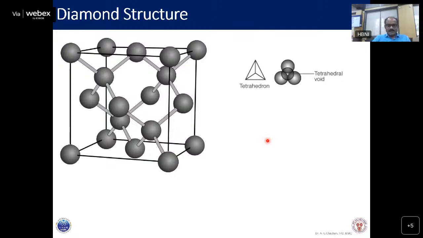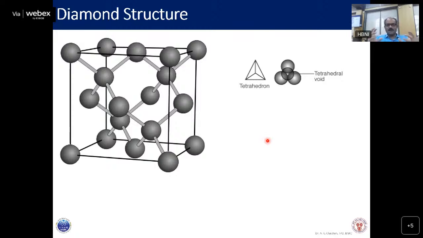A diamond structure can also be visualized as two interpenetrating FCC structures, where one FCC is at 0, 0, 0, and another FCC is at diagonally 1/4, 1/4, 1/4 lattice parameters away. So you have one FCC.